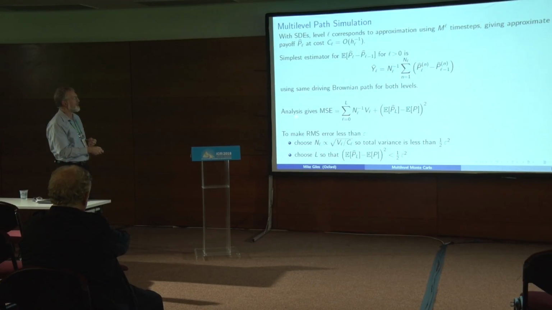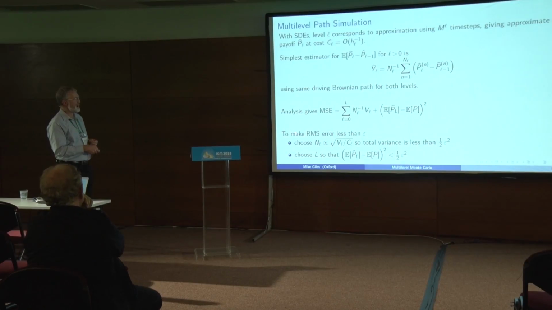So then in the analysis of the mean square error, we again get a decomposition into the variance plus the square of the weak error. The square of the weak error is all to do with the error on the finest level of approximation, whereas the variance term is the sum of the variance contributions from all of the different levels.